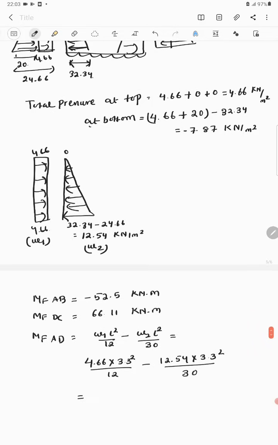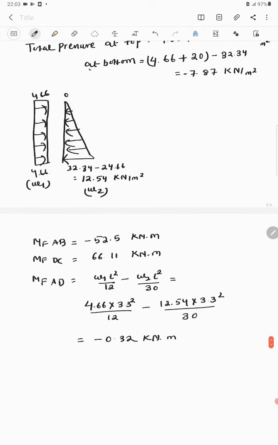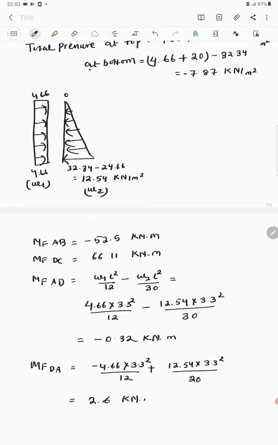So finally this is coming minus 0.32 kilonewton meter. Then MFDA, just the reverse one, will be minus 4.66 into 3.3 square divided by 12 plus 12.54 into 3.3 square divided by 20. So this is equal to 2.6 kilonewton meter.